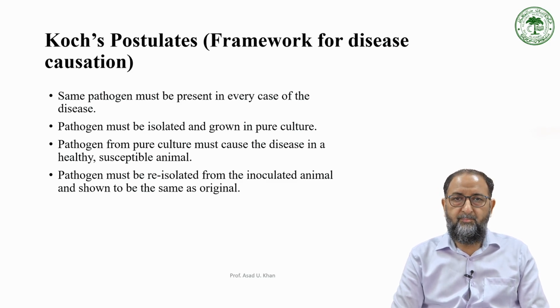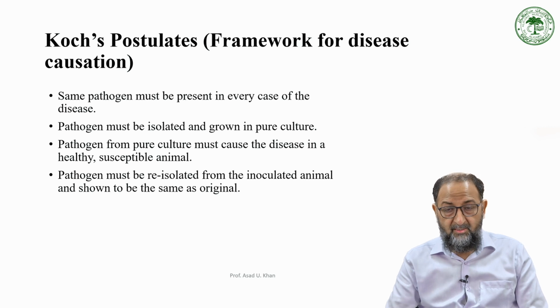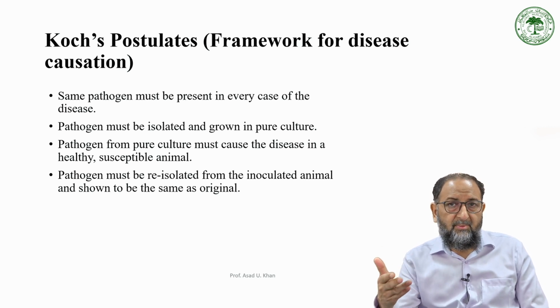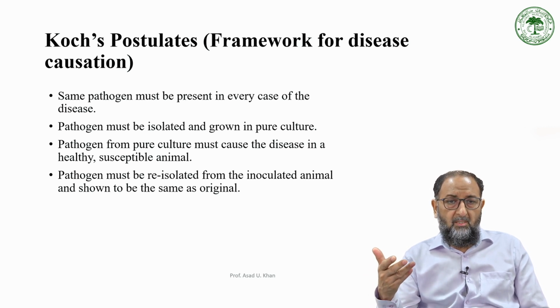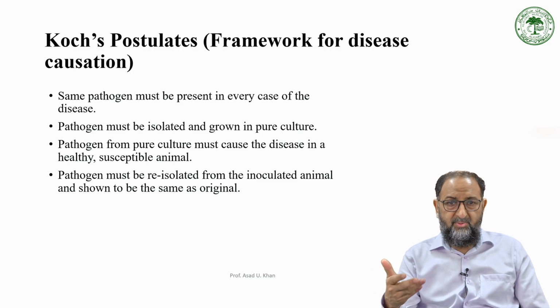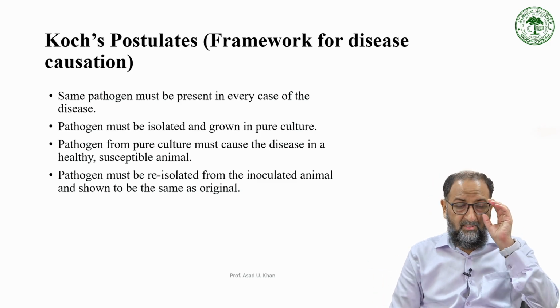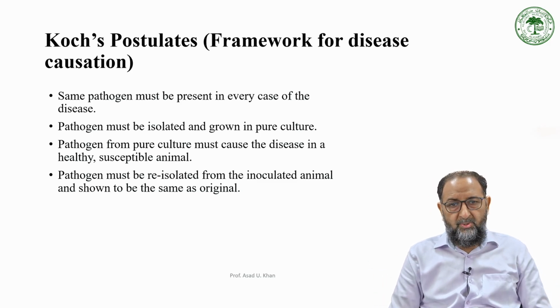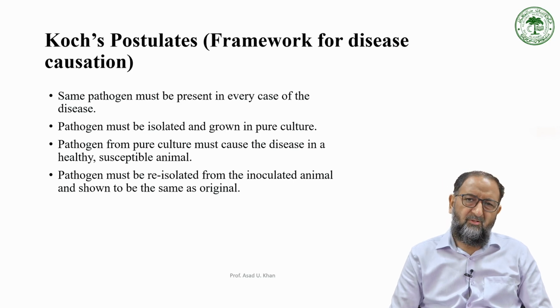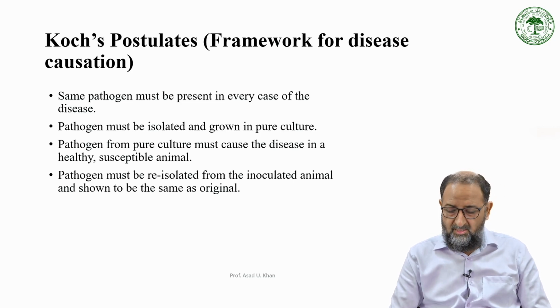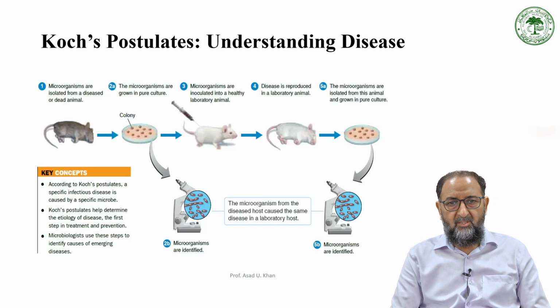The pathogen from pure culture can be re-inoculated into a susceptible animal model and cause disease. The pathogen must be re-isolated from the inoculated animal and shown to be the same as the original. These are the four postulates by which disease establishment was defined by Robert Koch.